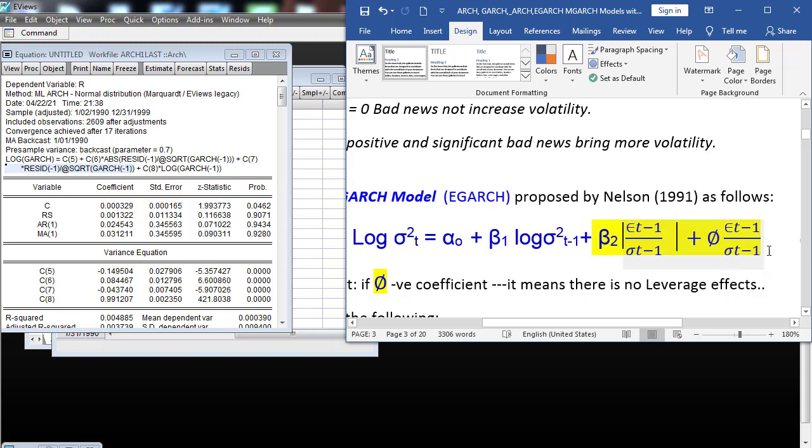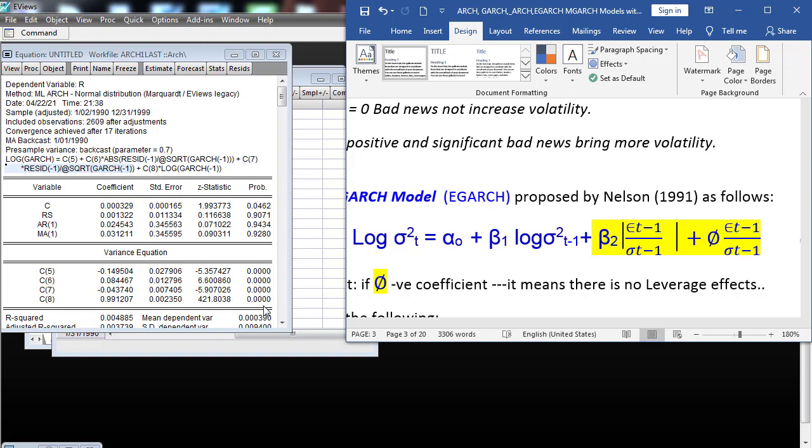And this part here, we are talking about this part here. This means that negative 0.0437 was statistically significant because p-value less than 5%.